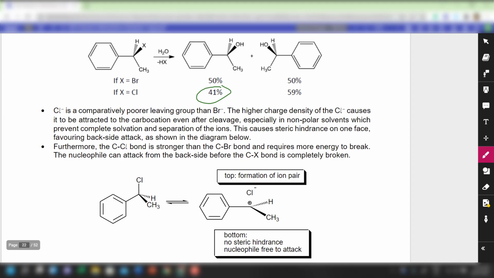Yeah, in our case here, we are quite confident because we do know that chloride is a poorer leaving group as compared to bromide, and at the same time, you expect its ion dipole interaction, in this case the formation of the ion pair, to be of significant strength, or to be more significant as compared to the ion dipole interaction, say between a bromide and the carbocation.